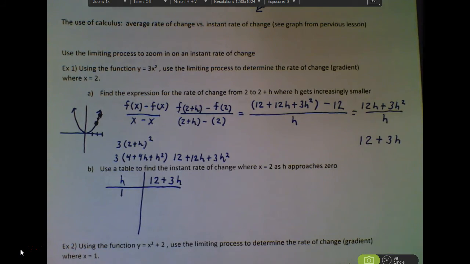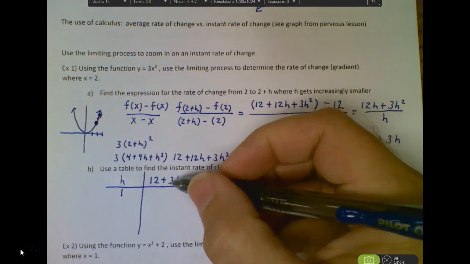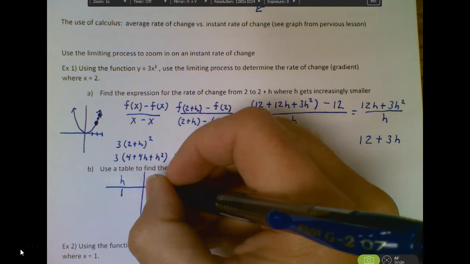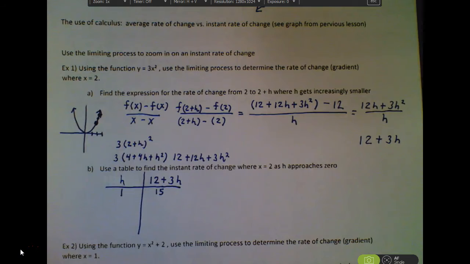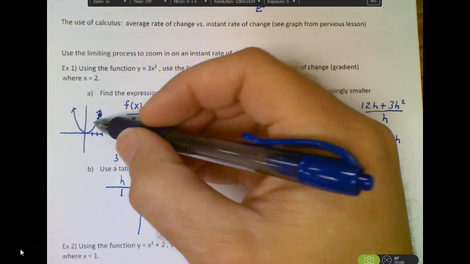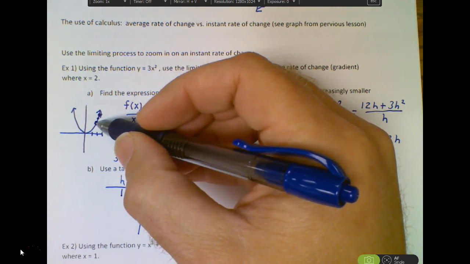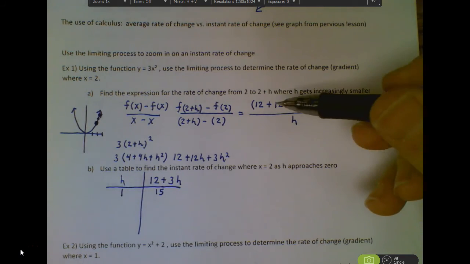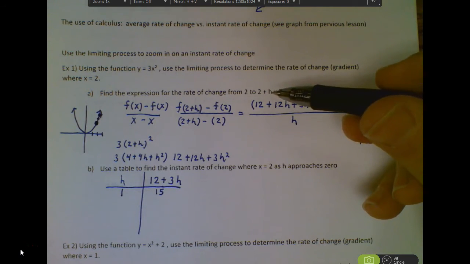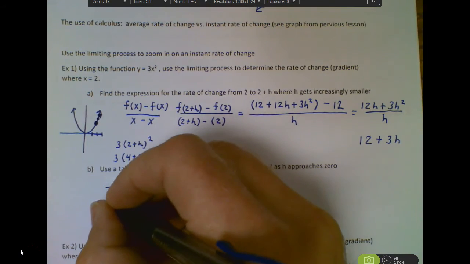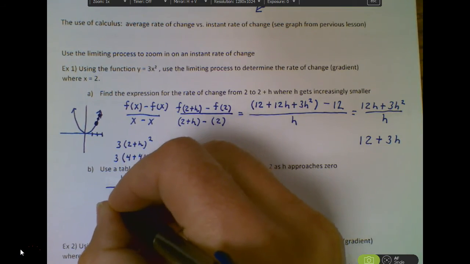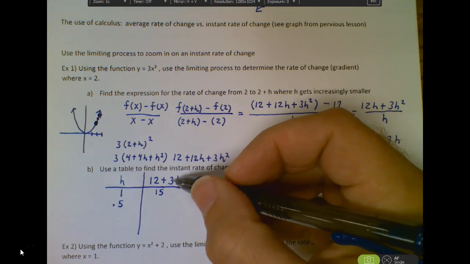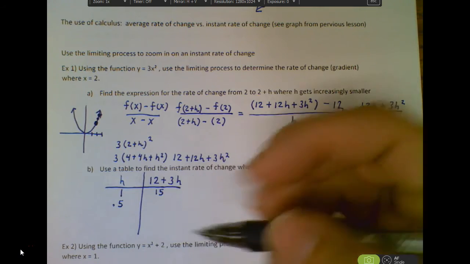And so if I were to plug in a 1 into this, you could see 12 plus 3 would be 15. If I went from 2 to 2.5, that would make h, as we talked about right here, that would make h 0.5. And so if I did 3 times a half, I get 1.5 plus 12.